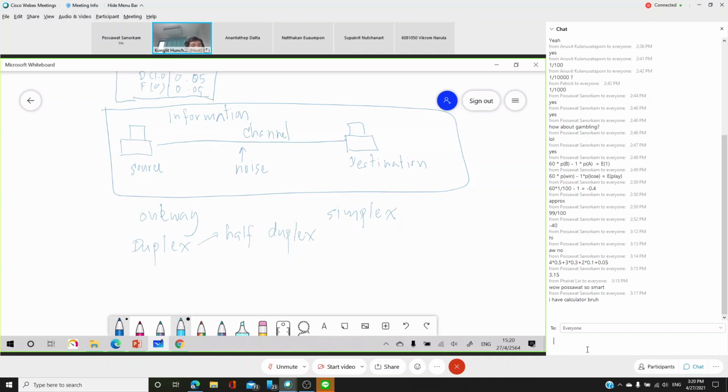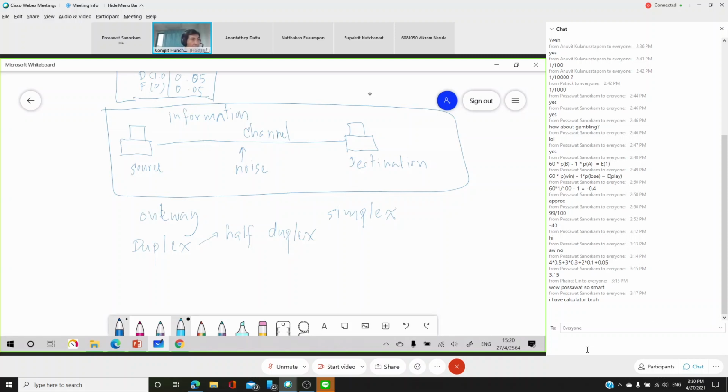Half duplex is when you have one channel. That means if one person sends the information, the other person needs to listen. The two persons cannot send the signal at the same time. That's called half duplex.